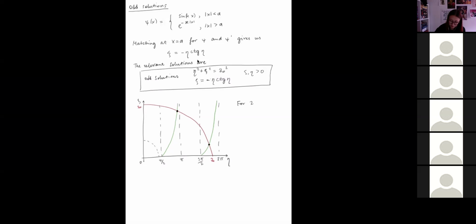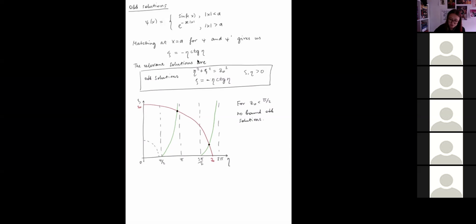So for z0 less than pi over 2, no bound odd solutions.